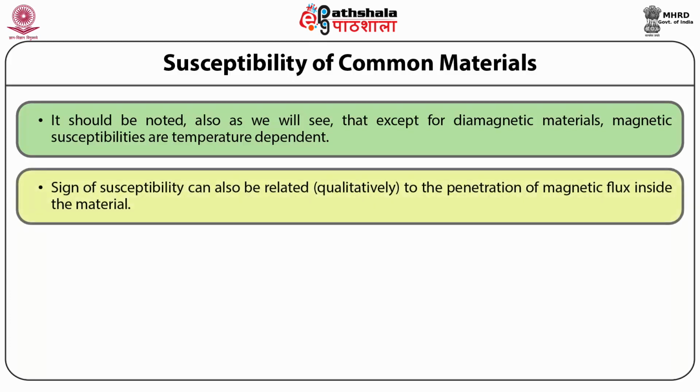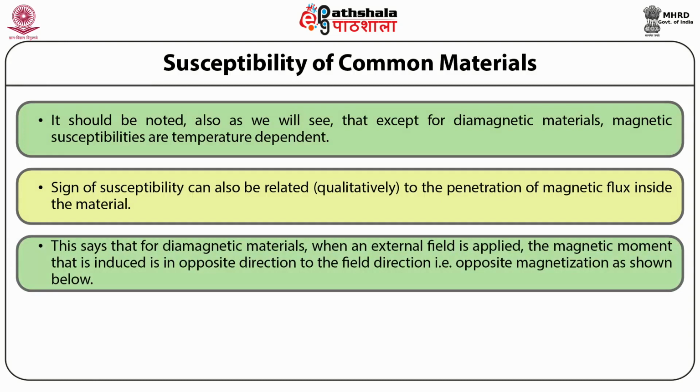Signs of susceptibility can also be related to the penetration of magnetic flux inside the material. This says that for diamagnetic materials, when an external field is applied, the magnetic moment that is induced is in the opposite direction to the field direction. That is, it shows the opposite magnetization.